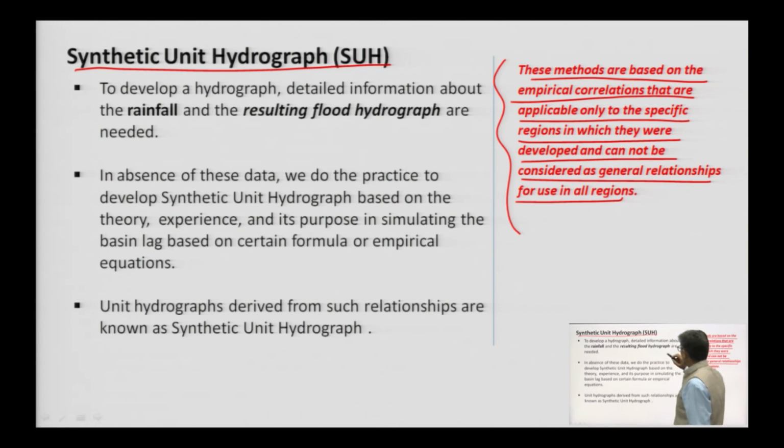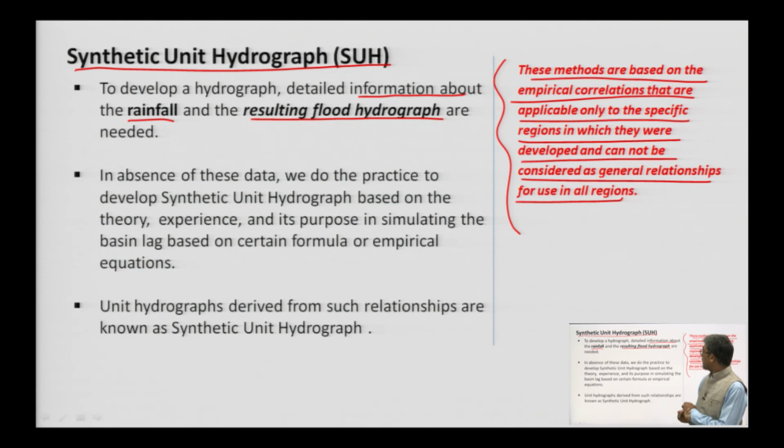These correlations are based on experience. To develop a hydrograph, detailed information about rainfall and the resulting flood hydrograph are needed.